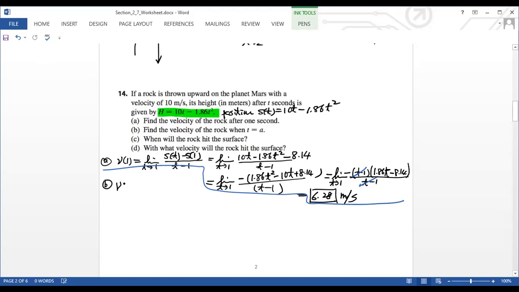That means I'm looking for the VA here, right? So the VA will be the limit as h approaches 0. Let's use a different definition, kind of practice what we learn. And then we have the S of A plus h minus S of A here, okay?